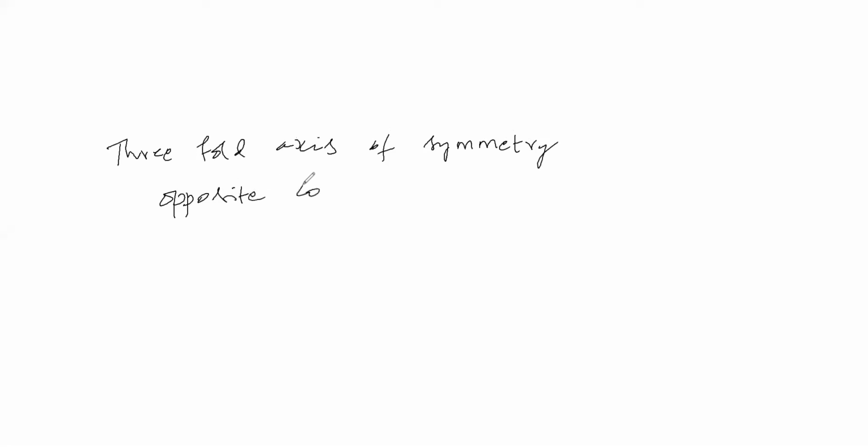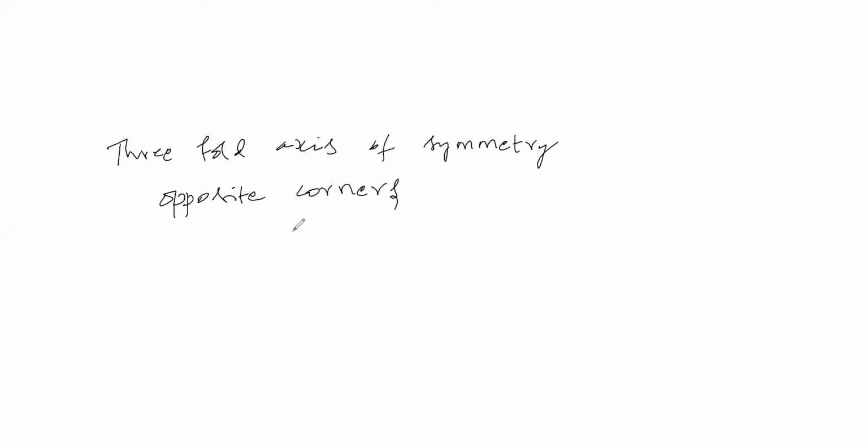Now we are saying that what means threefold axis of symmetry. Threefold axis of symmetry means it passes through opposite corners.